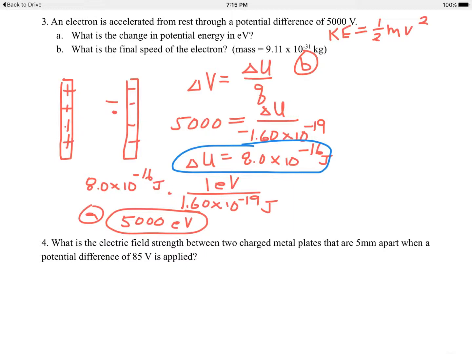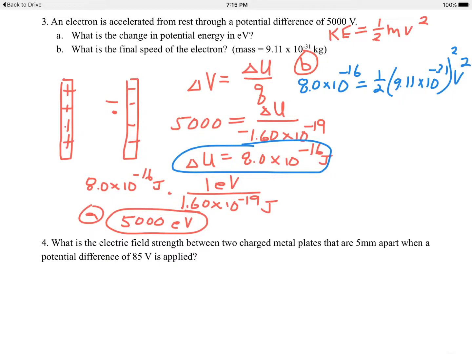because it's like a ball falling to earth, and it's going to gain that much kinetic energy. So that will be the gain, or the final kinetic energy, of the particle. Just plug that into this kinetic energy formula. So we're going to have 8.0 times 10 to the negative 16th equals 1/2 times the mass, given as 9.11 times 10 to the negative 31st, times v squared.